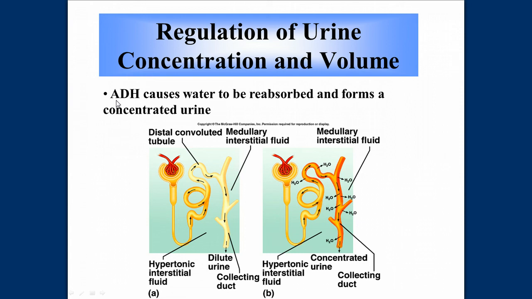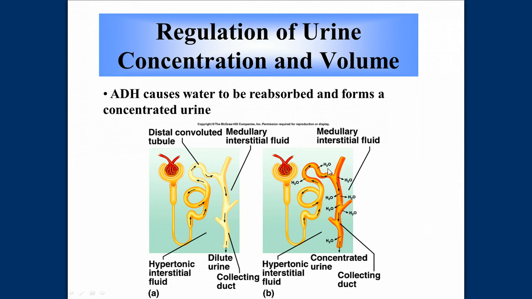But the action of the antidiuretic hormone makes this ascending loop and the distal convoluted tubule permeable to water. So that is the action. Here's the target cells for that hormone, antidiuretic hormone.